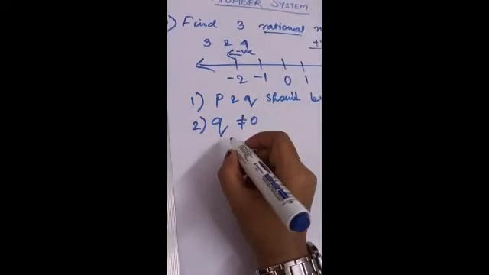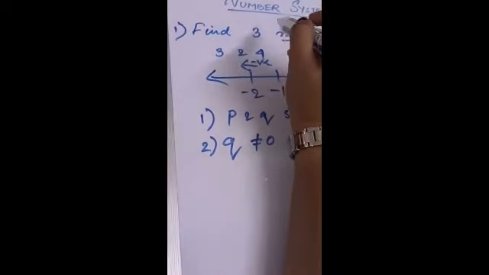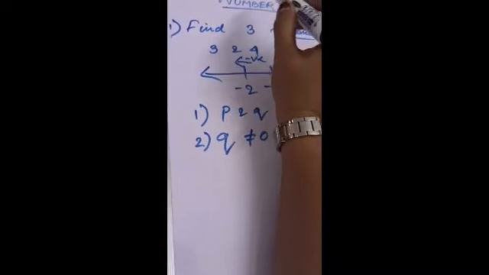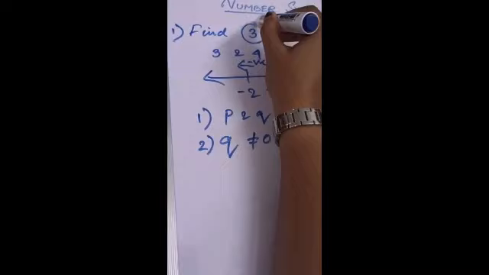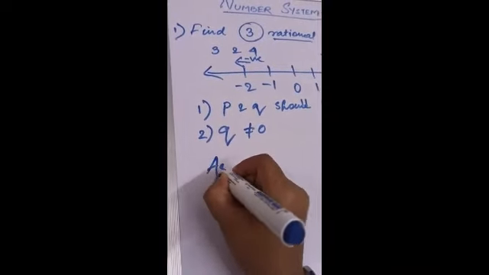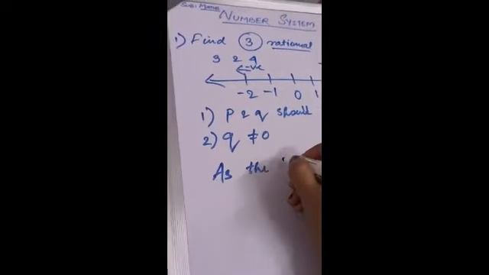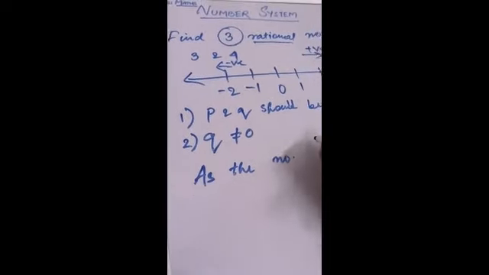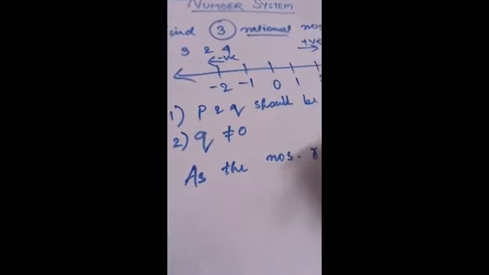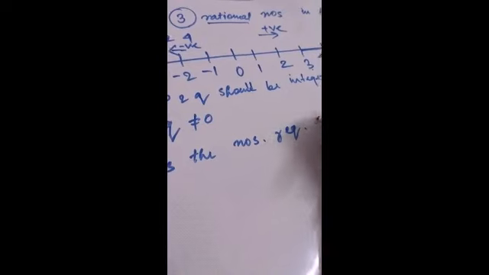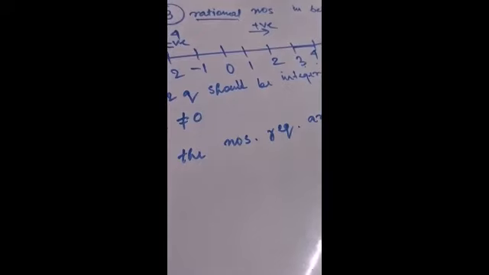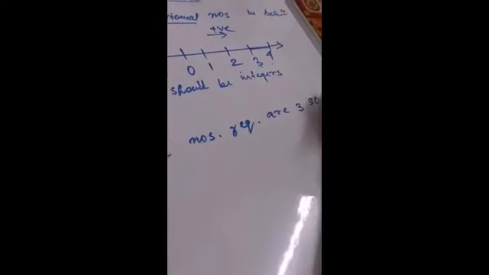Okay, now when I have this type of question, first I need to see how many numbers I need to find. Here I need to find 3 numbers, right? So always, as the numbers required are 3, we'll add plus 1 to it.